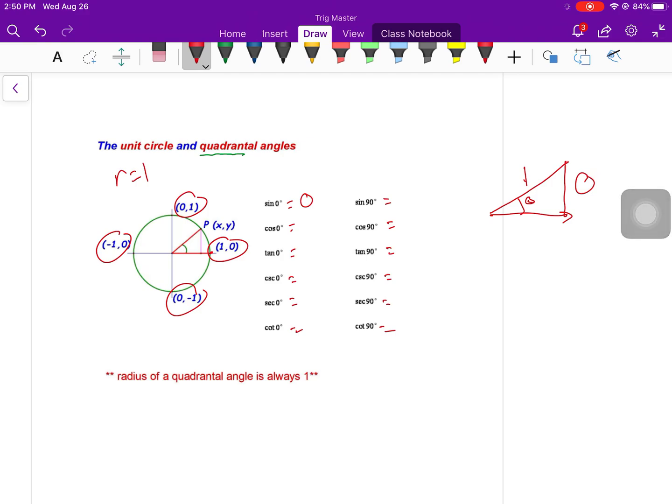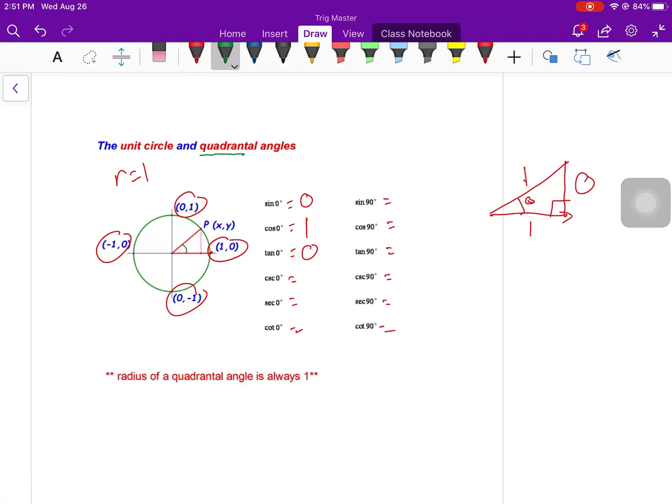And we're talking about our radius being 1. So if I did cosine of 0 degrees, my adjacent is 1, my hypotenuse is 1, 1 over 1 is 1. All right? Now, I drew it as a right triangle, but remember, this is 0, so it's basically just a ray on top of itself. If I'm looking at tangent of this angle, 0 over 1 is 0.